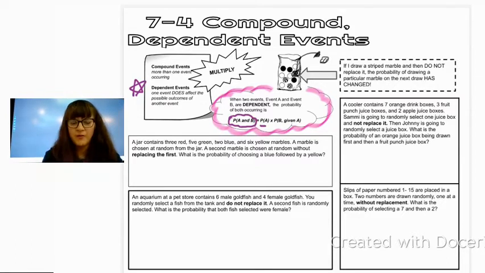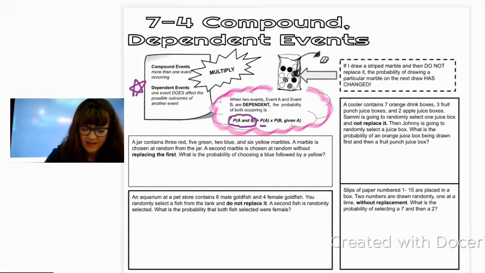And then on a future draw, instead of having 10 marbles in the bag, I would now just have 9. So when I write my probability in fraction form, my bottom number would be a 9 instead of a 10 like it was the first time. That's what makes those dependent events. Because if I draw a striped marble and then do not replace it, the probability of drawing a particular marble on the next draw is changed because that bottom number would drop down to 9.